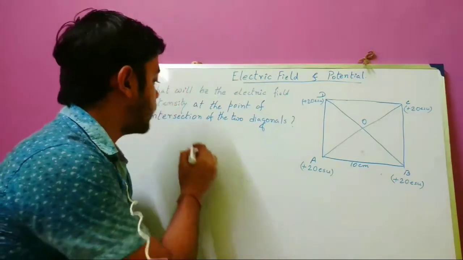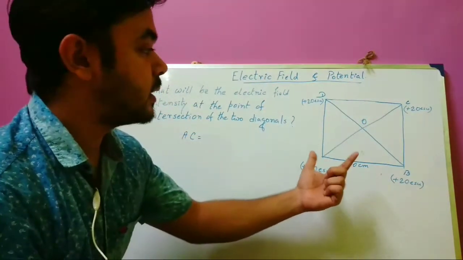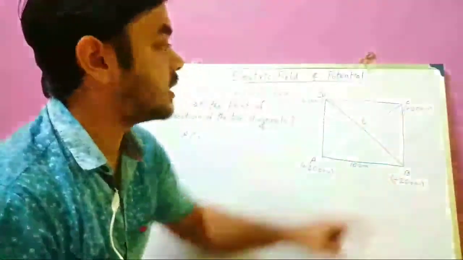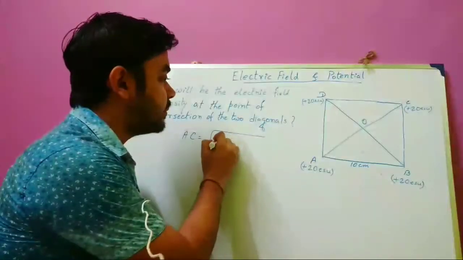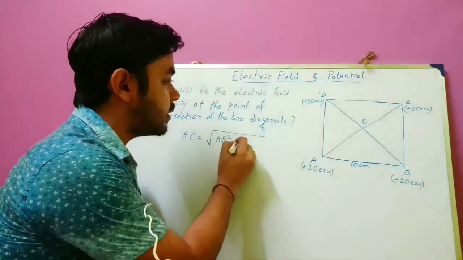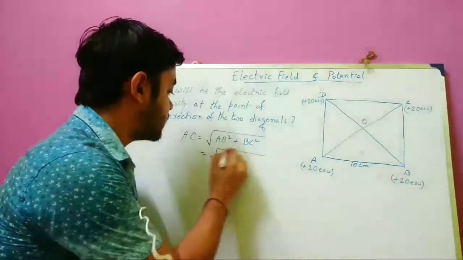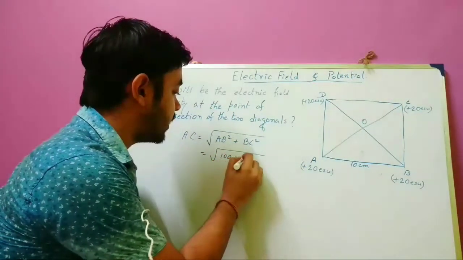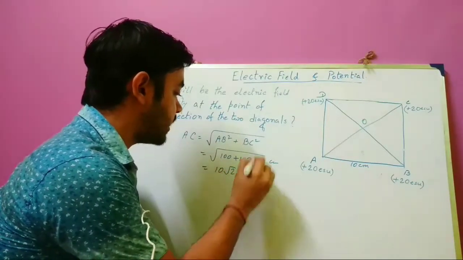From this figure, we can evaluate the value of AC. What will be the length of AC? This is 10 centimeter, this is 10 centimeter. So applying Pythagoras theorem, AC will be the square root of AB square plus BC square. So this will be the root of 100 plus 100 centimeter, so this will be 10 root 2 centimeter.